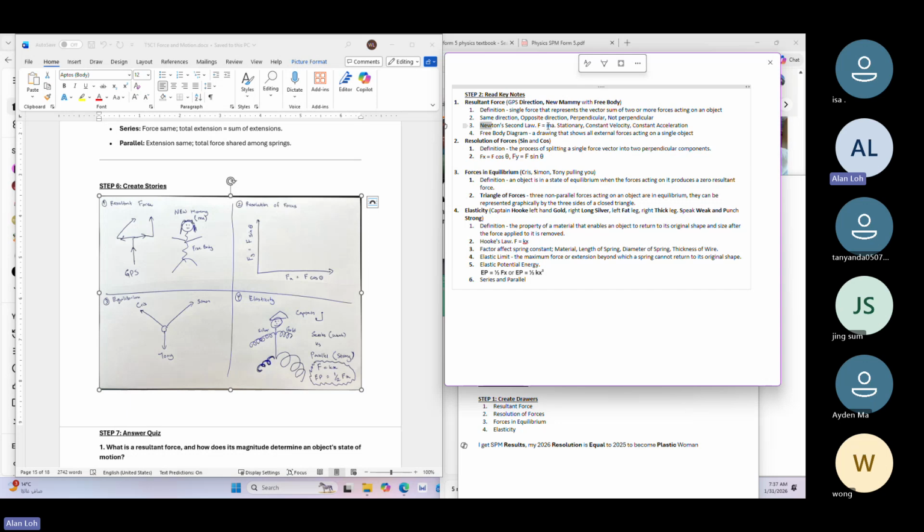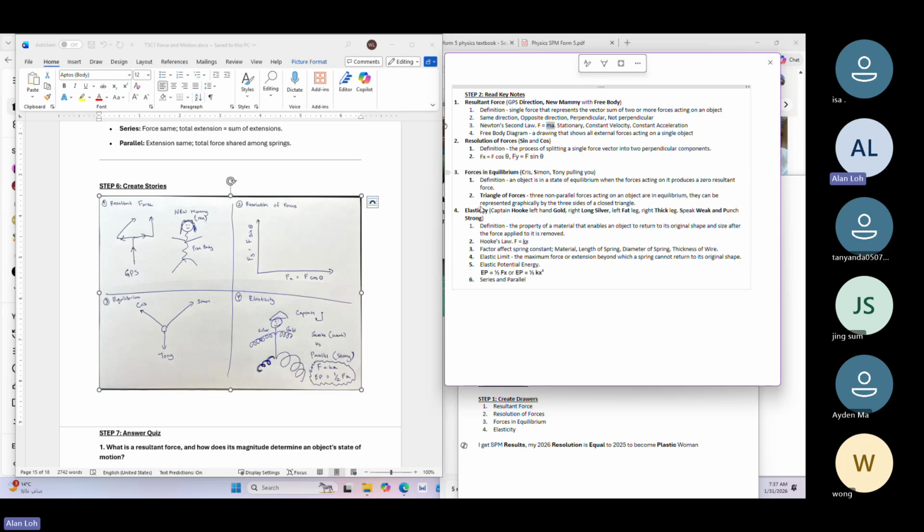Because the formula is MA. Okay, MA. So it helps you to remember this, that, okay, there is something related to MA that I need to remember in this drawer. And I hope with this new mummy or Newton, it will help you to remember this easier, right?